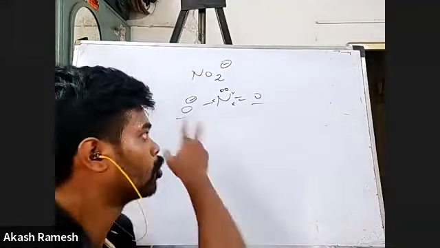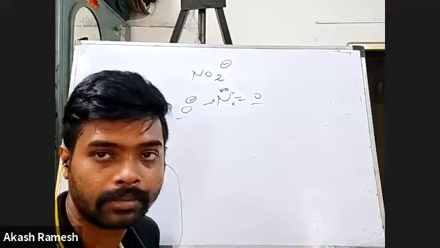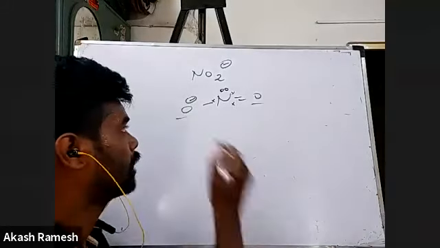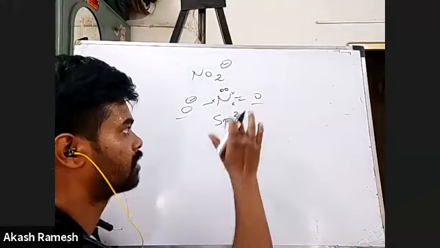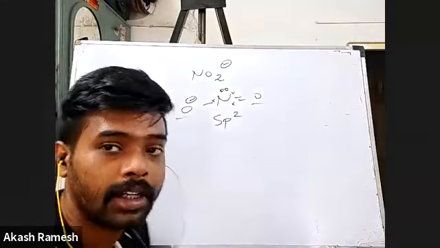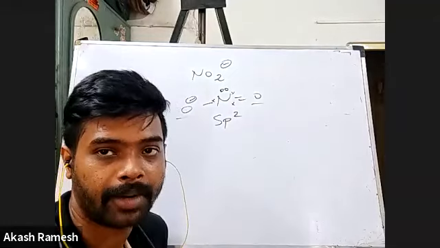So 2 bonding atoms and 1 lone pair. Obviously the hybridization here is going to be sp2. Steric number is 3, sp2 hybridization.